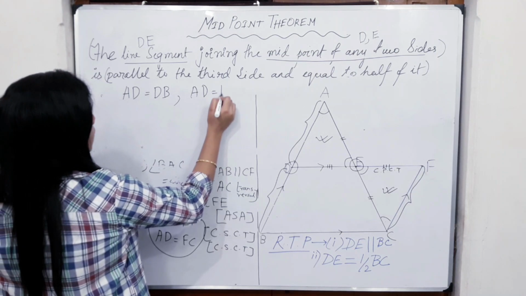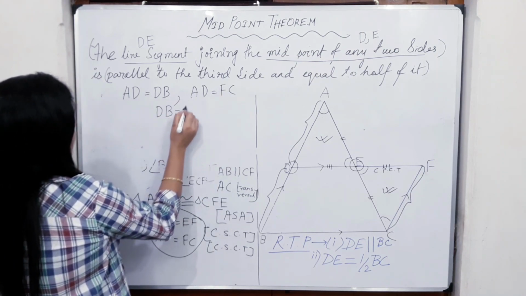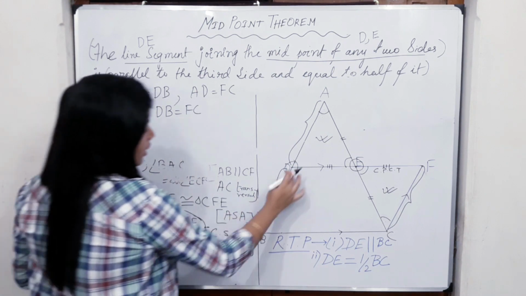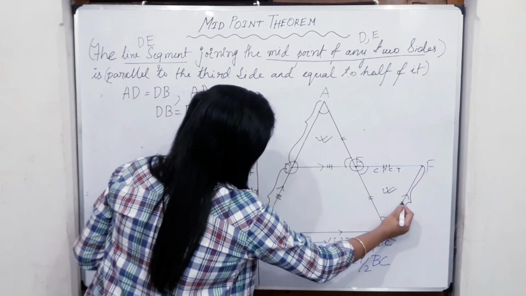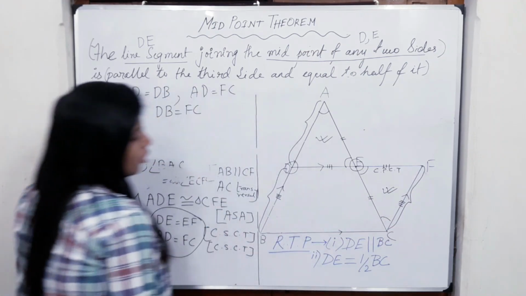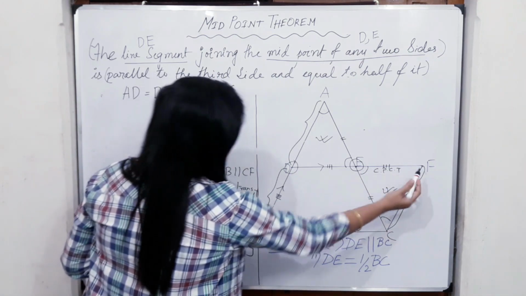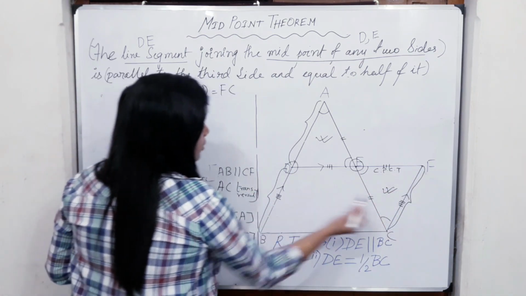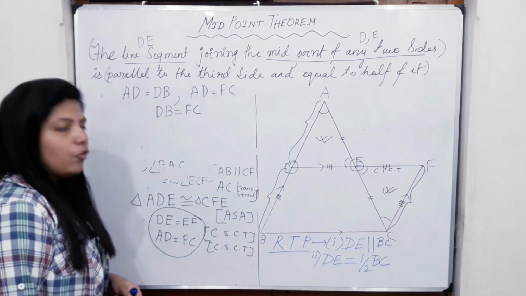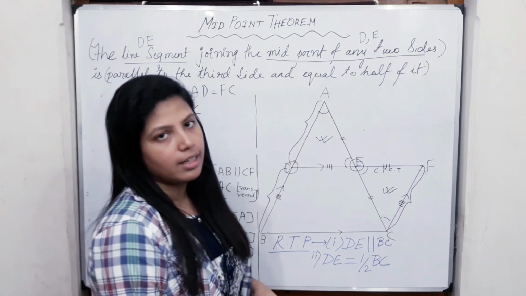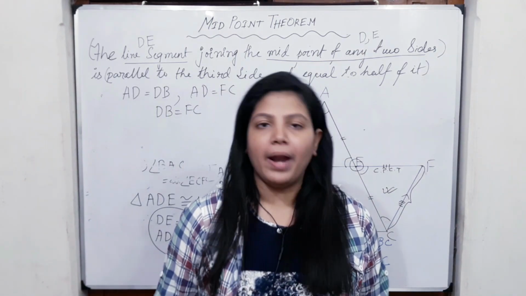If I take both of them together, I can obtain that DB equals FC. That means DB, this one, equals FC. So this one is a quadrilateral here, DFCB. These opposite two sides are parallel and also equal. We know that if in a quadrilateral opposite sides are equal and parallel, then it is called a parallelogram.